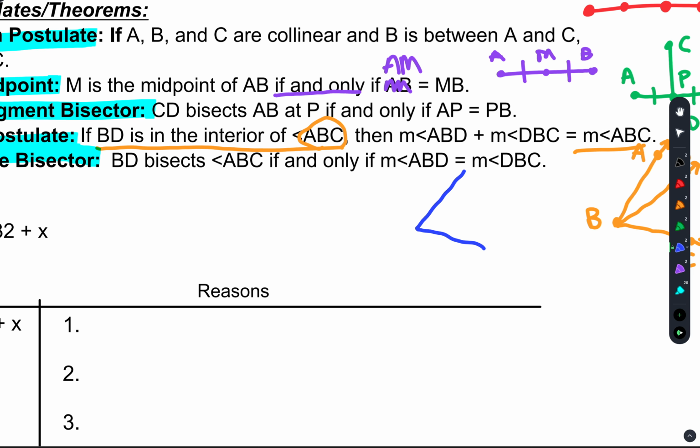The definition of an angle bisector says if I have angle ABC, here's my conditional, BD bisects ABC if and only if the 2 halves of my angle are congruent. So BD right there is a bisector if these guys are congruent, and vice versa. If those guys are congruent, then we know that BD is a bisector.